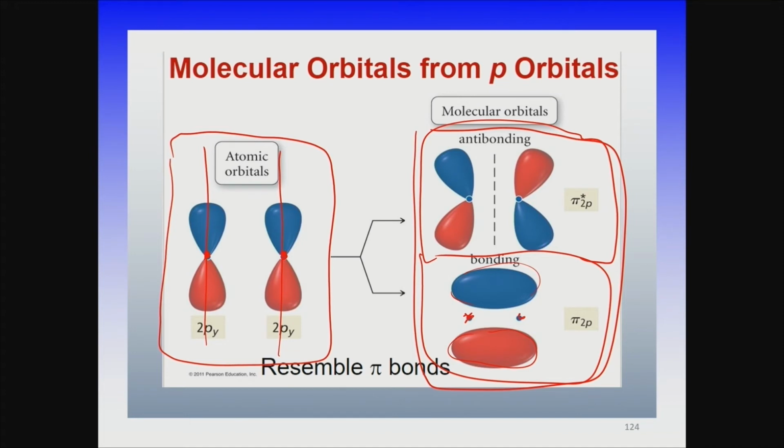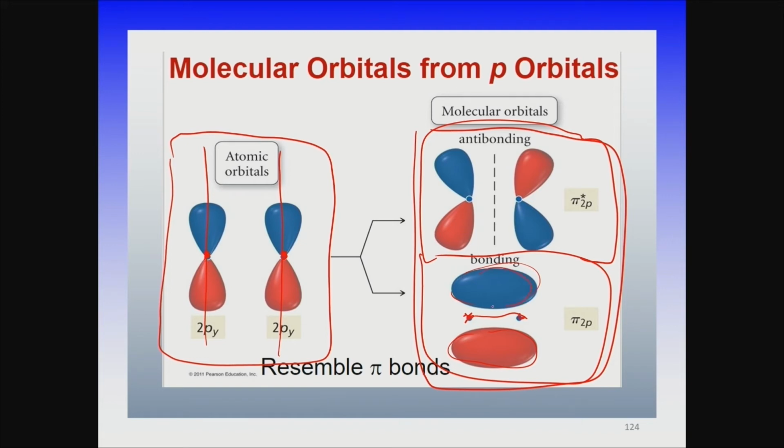Well, this orbital was derived from merging together two p orbitals, and so it's 2p here, but this is not a sigma orbital. The reason is this: for this to be a sigma orbital, you would need electron density that is cylindrically, symmetrically arranged around the internuclear axis, which I'll just draw. And that is not the case here.